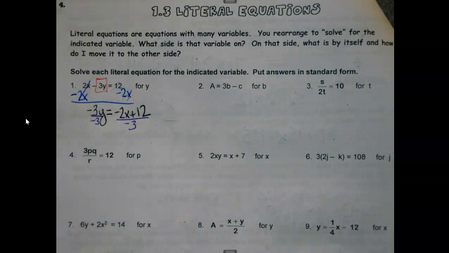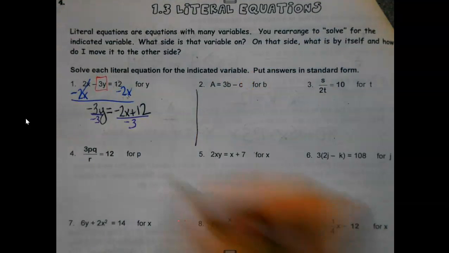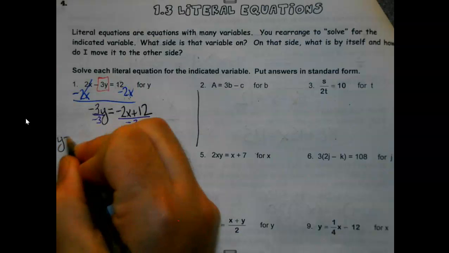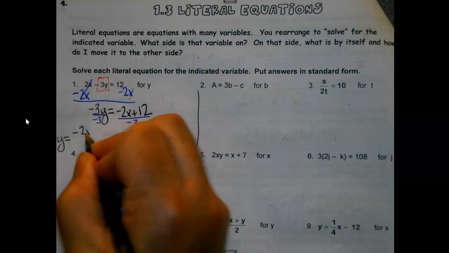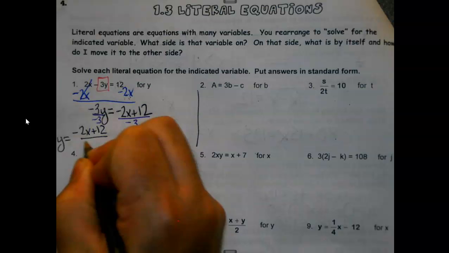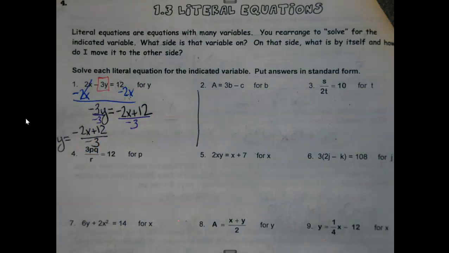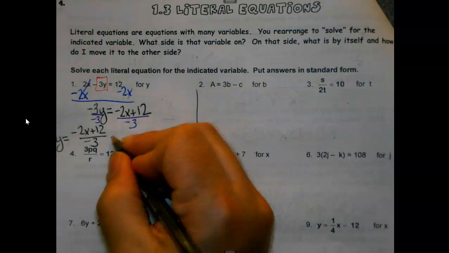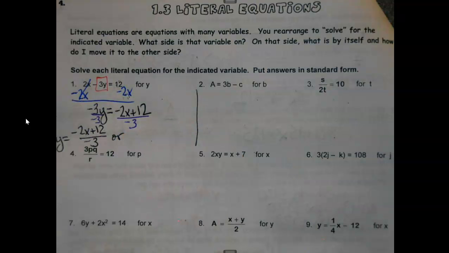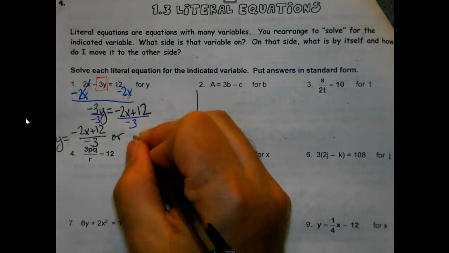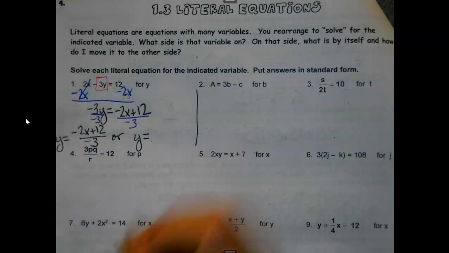Now, what does this answer look like? Well, it depends. If I'm just solving to solve, could I just leave it like this? Sure, I could. Or, and this is probably the way I'm going to write it, I'll even explain why.